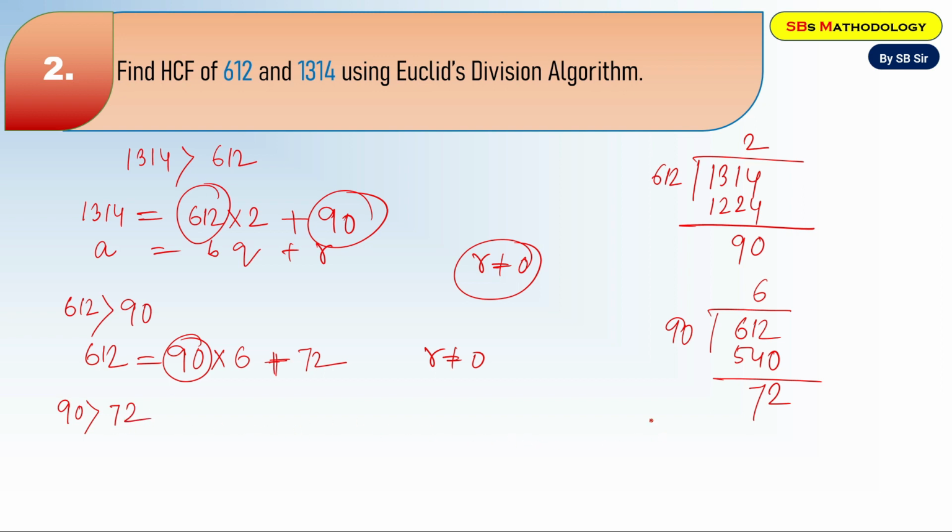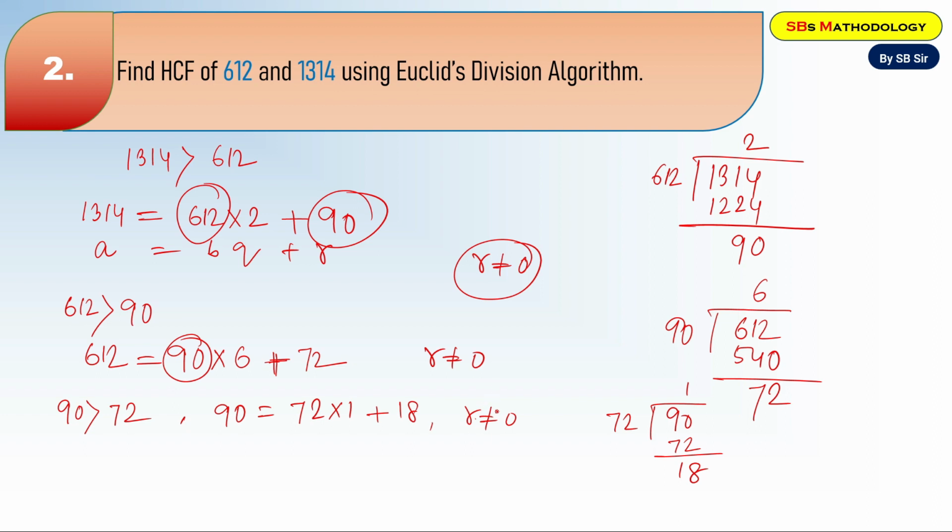So we have to divide 90 by 72. 72 ones are 72, remainder is 18. So we can write 90 equals 72 times 1 plus 18. Again the remainder is not equal to 0.